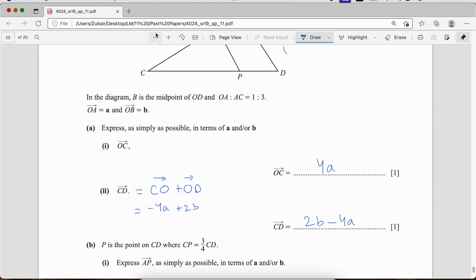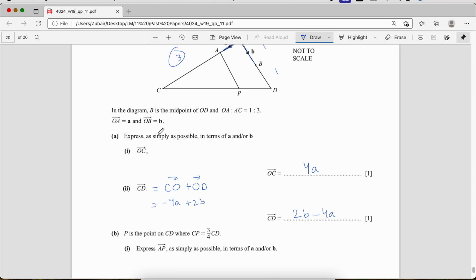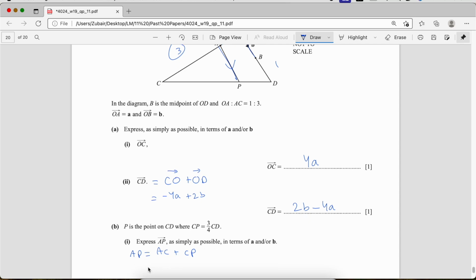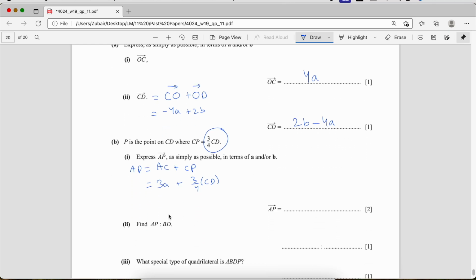Now it says P is a point on CD where CP is 3 by 4 of CD. Express AP as simply as possible. For AP I'm writing AC plus CP. AC is just 3a directly and CP is 3 by 4 of CD, and CD we just did in the last part.